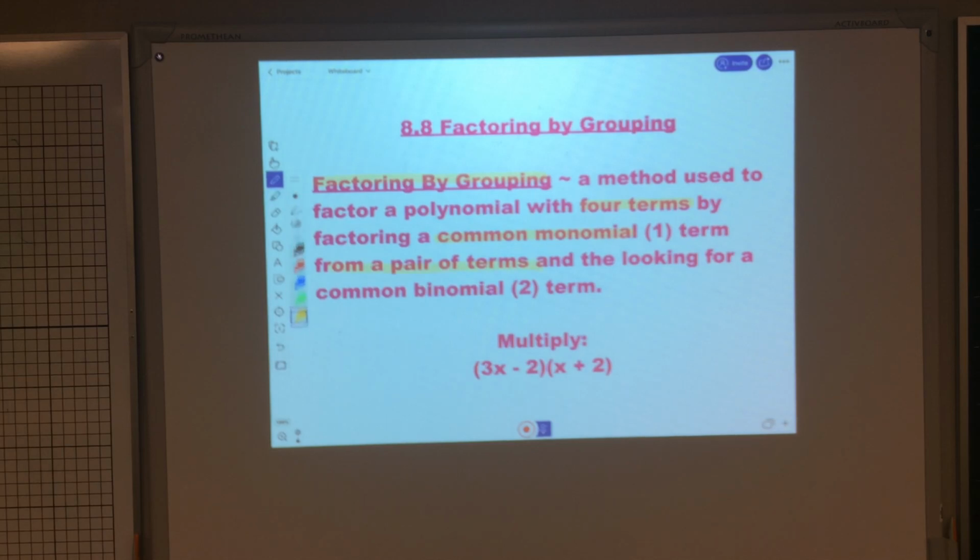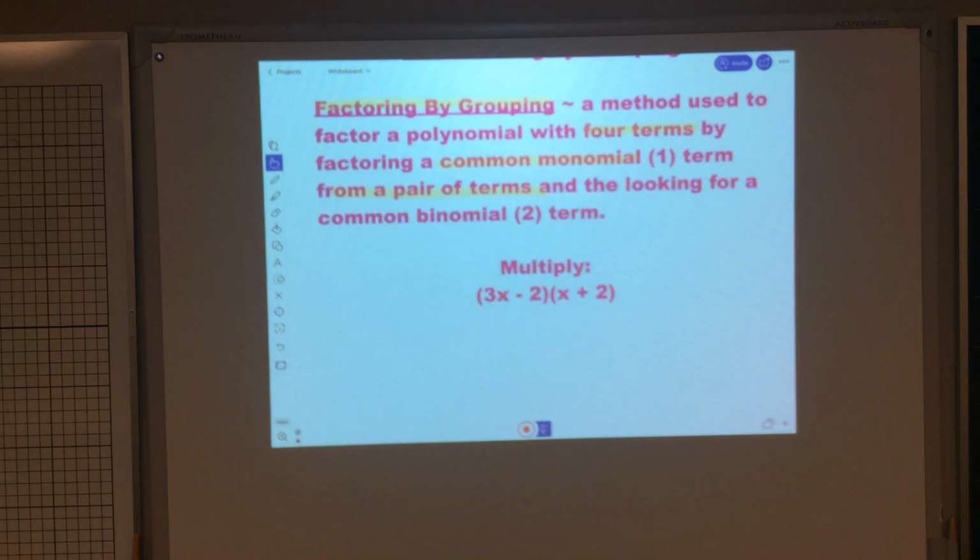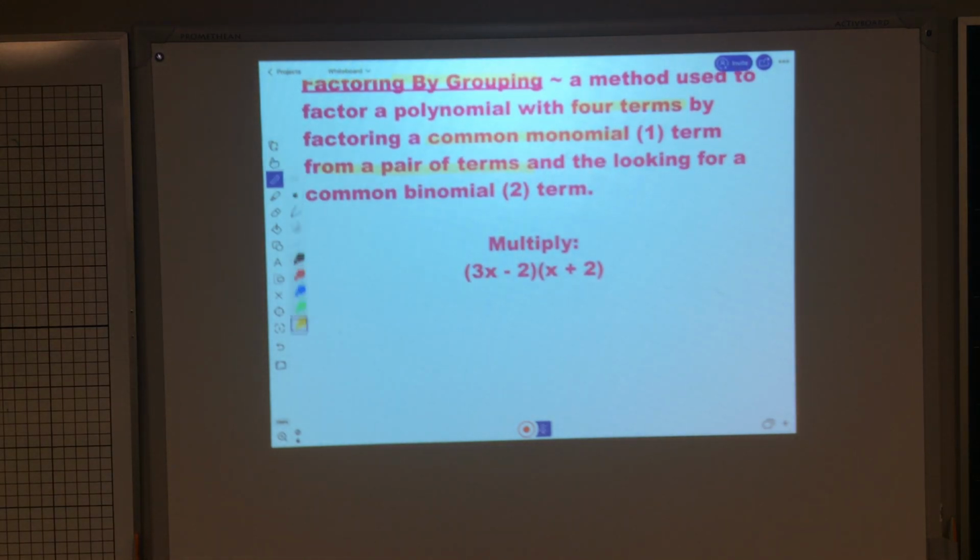Where this comes from is if we think about how we solve a regular multiplication problem. If I multiply this out, first terms, 3x times x gives us 3x squared. Outsides, 3x times 2 gives us 6x. Insides give us negative 2x.